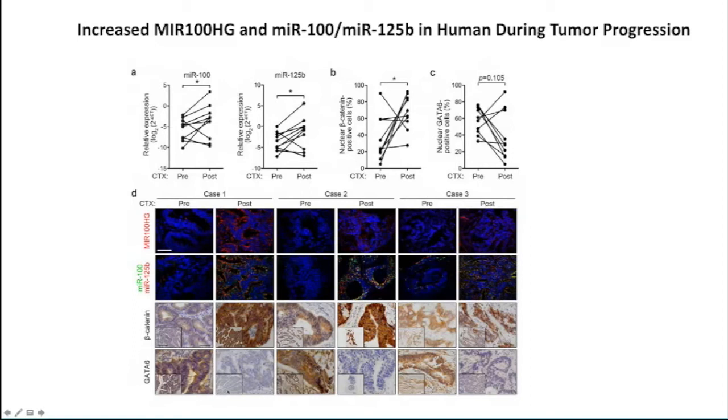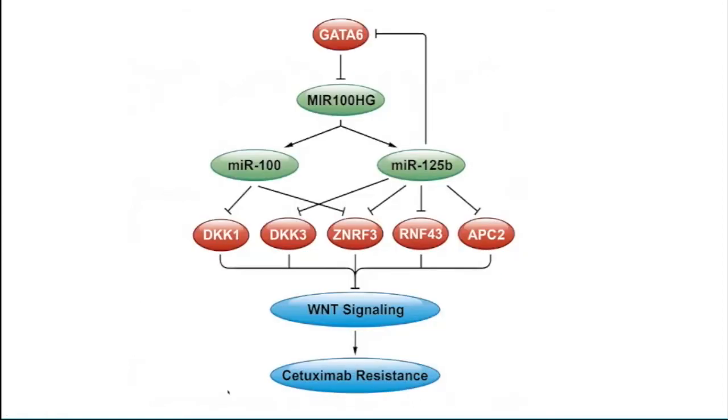Okay. So all of that led to a very nice model whereby in cetuximab resistance, this miR-100HG locus is dramatically upregulated. It generates a long non-coding RNA called miR-100HG, but then within that long non-coding RNA, miR-100 and miR-125 are expressed.